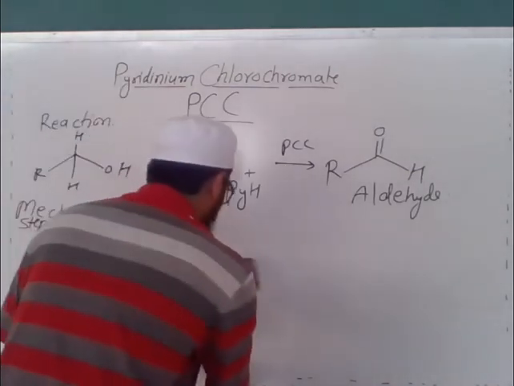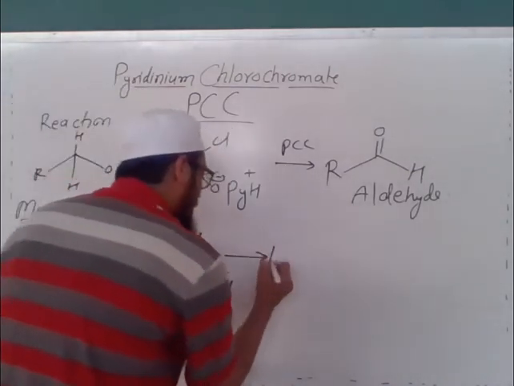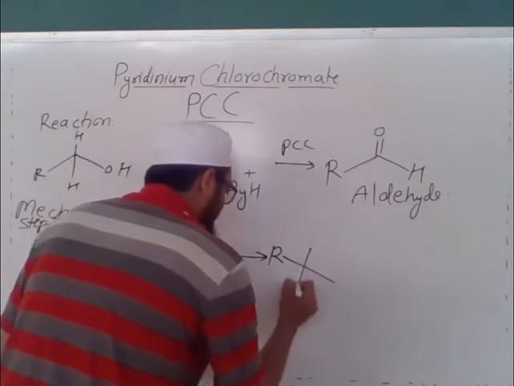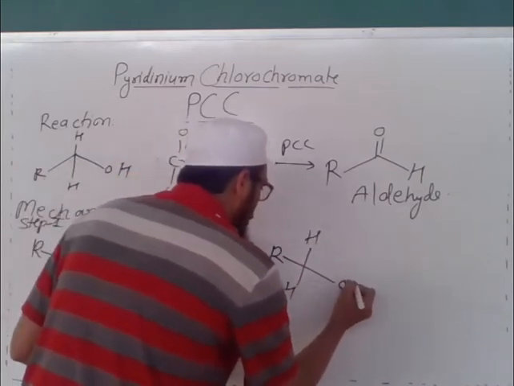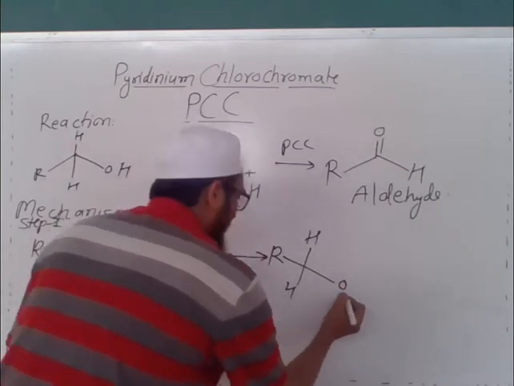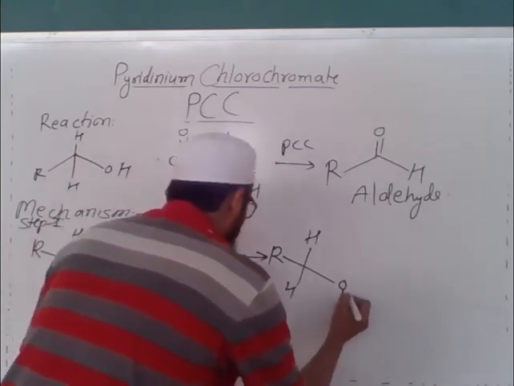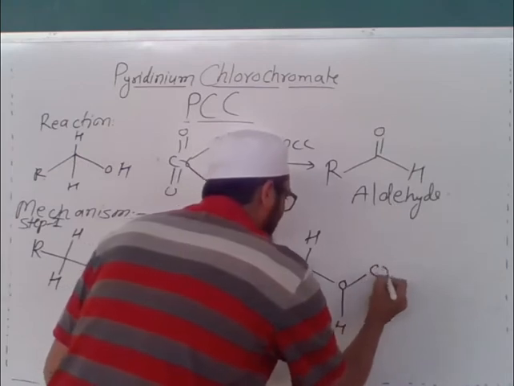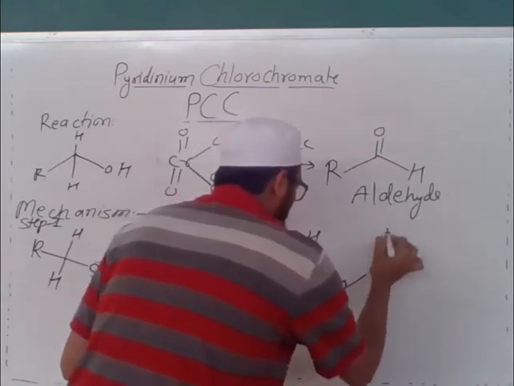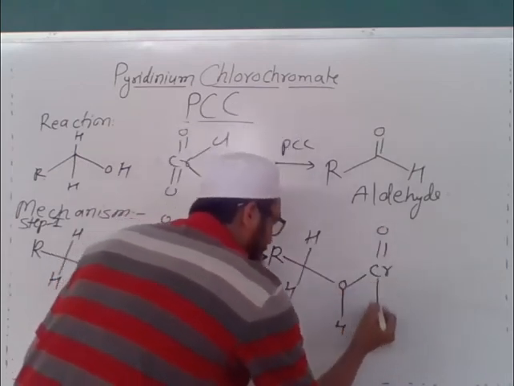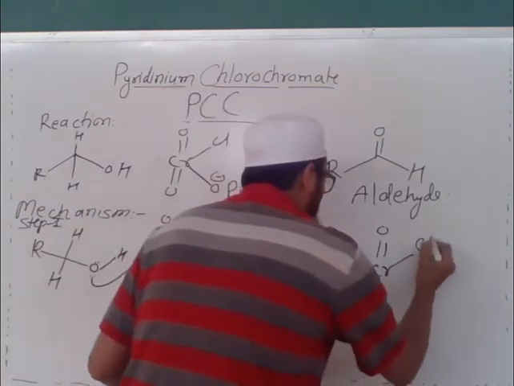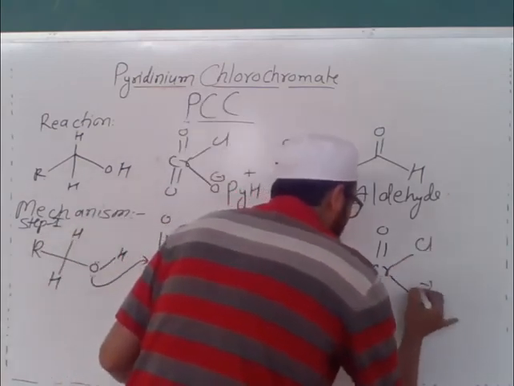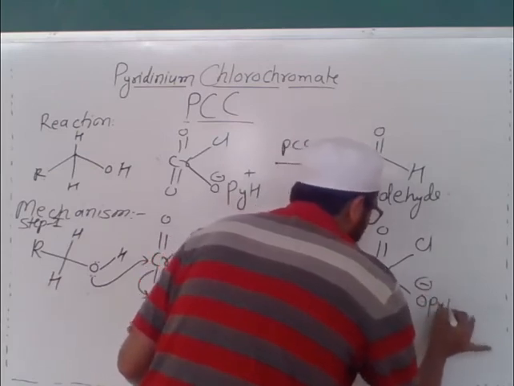What we'll get, I will write after the arrow: R, H, H, single bond O, single bond H, then chromium, then double bond O, then this O negative, we have chlorine here, O negative, and our pyridinium molecule.